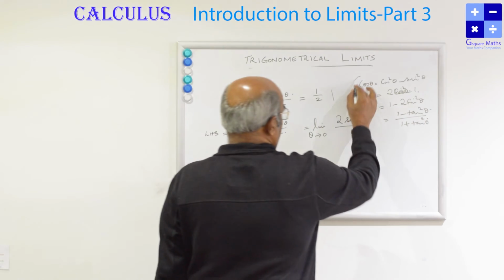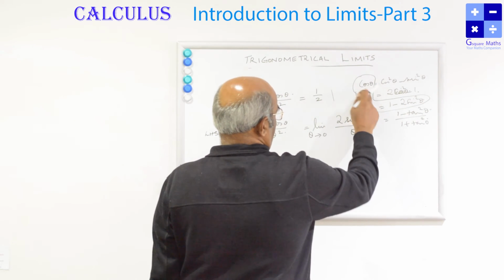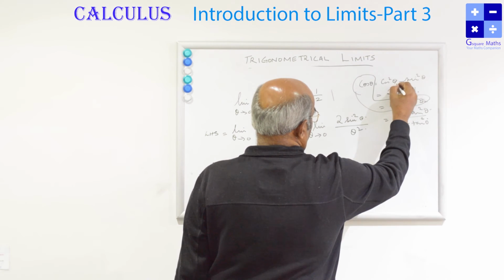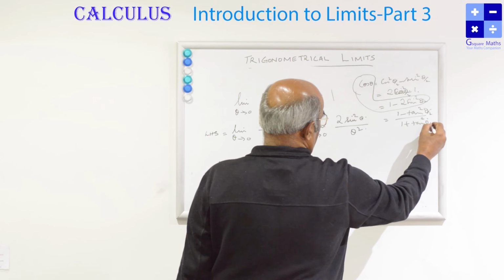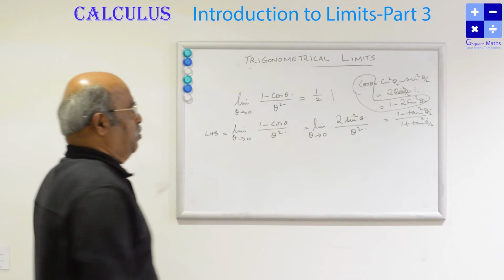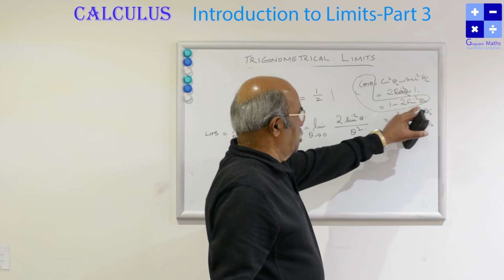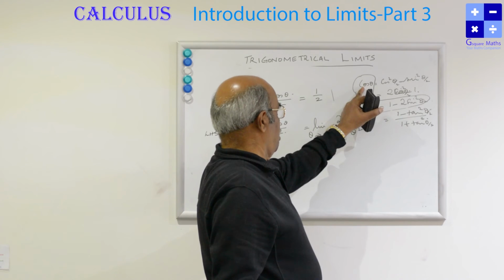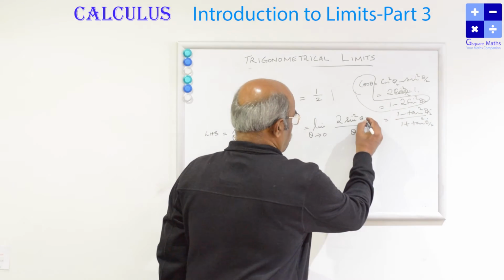The formula I am applying is cos theta is equal to 1 minus 2 sin square theta by 2. We used to call it the half angle formula. So 1 minus cos theta, taking cos theta to this side, is 2 sin square theta by 2.